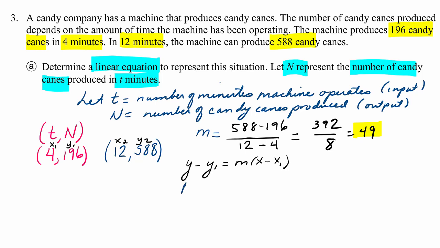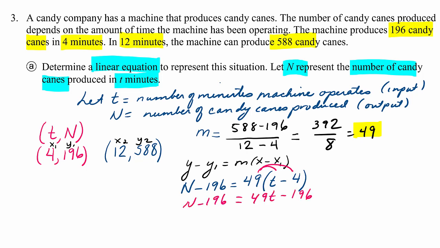So I have n minus 196 equals 49 times t minus 4. And now we're going to get that in slope-intercept form, so we'll distribute the 49. And so we get n minus 196 equals 49t minus 196, which is kind of handy, because now when I add this 196 to move it over, I get n equals 49t. So there's our linear equation, n equals 49t.